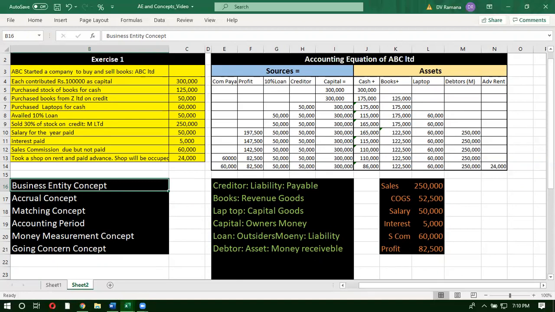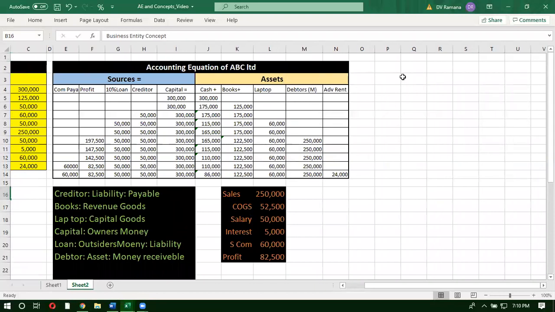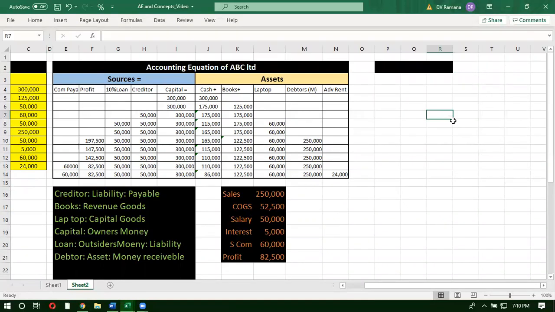To summarize and move ahead, this equation we can also present in a very simple form. If you remember, we said that the accounting equation can be presented as A is equal to E plus L, right? So let me change the color.